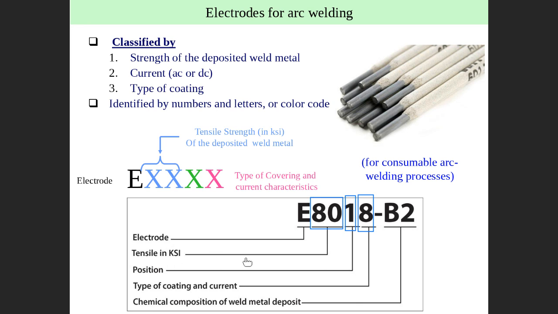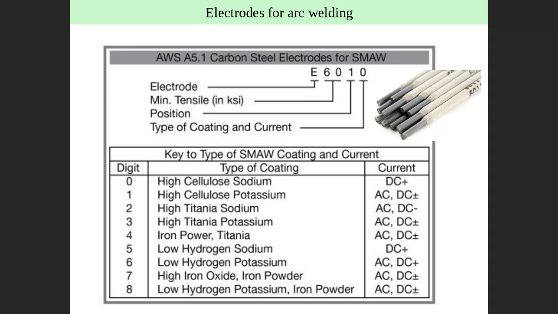This one tells us the mechanical or tensile stress of the filler material deposited in the weld joint. This one is the chemical composition of the filler. As I told you, we must use a chemical composition matching the substrate material, because fusion welding is limited to similar material.